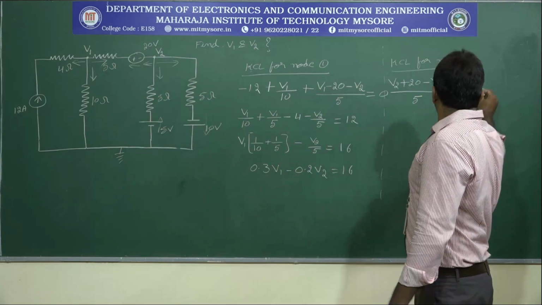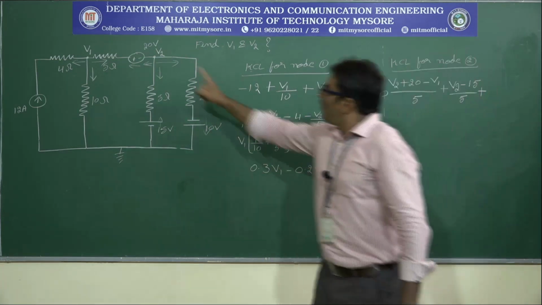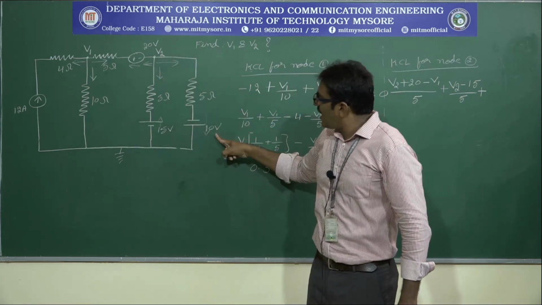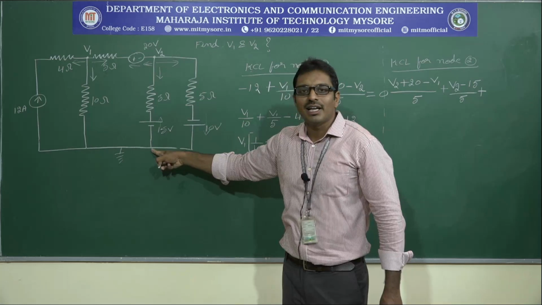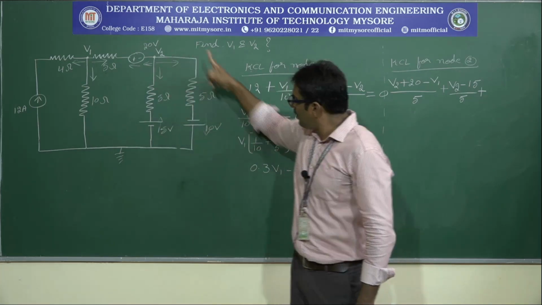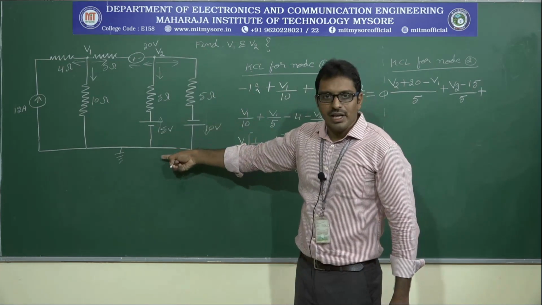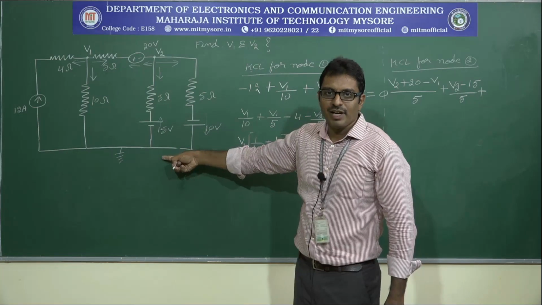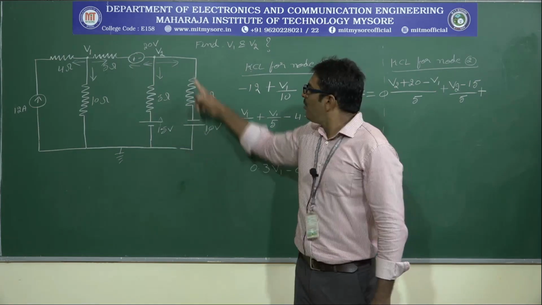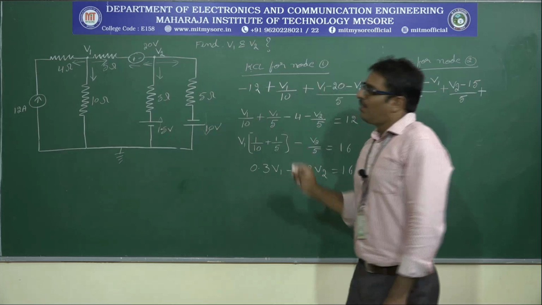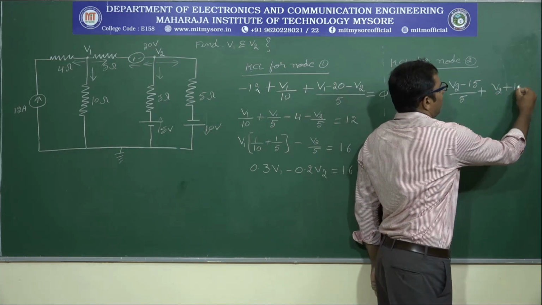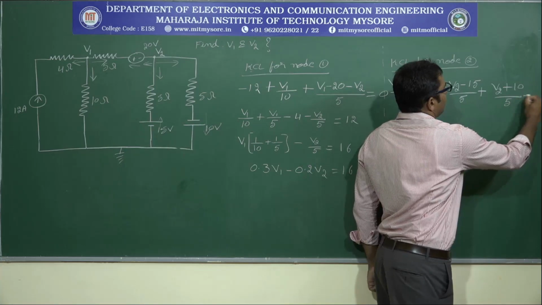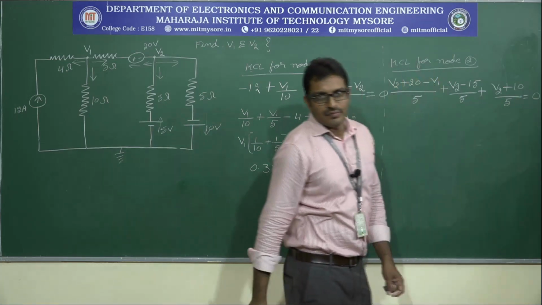That's why V2 plus 10 minus 0. Why is it minus 0? Because the end terminal is connected to the ground point. So just ignore that 0 value. V2 plus 10 divided by 5, that is equal to 0.